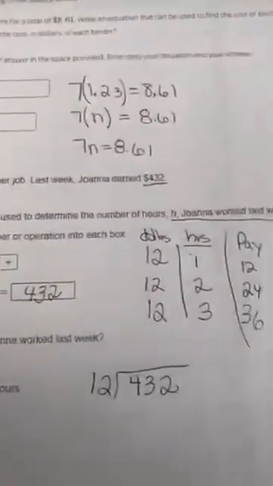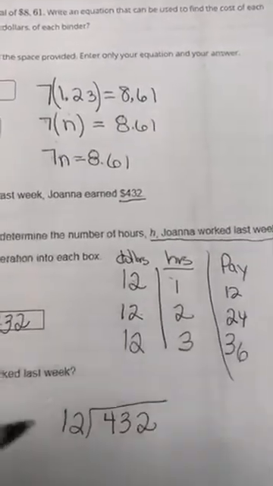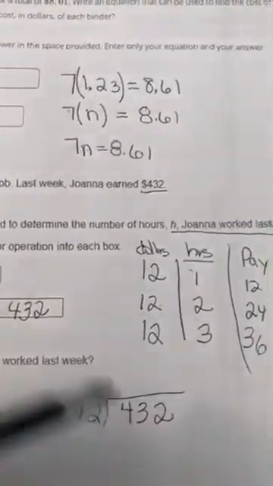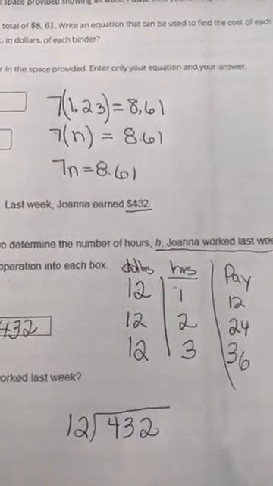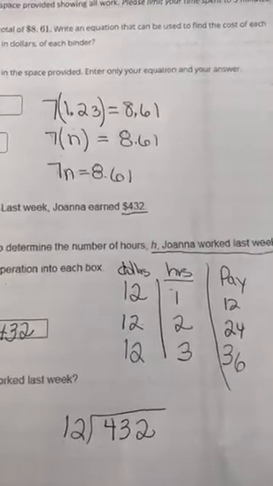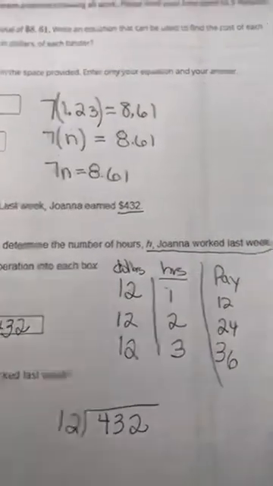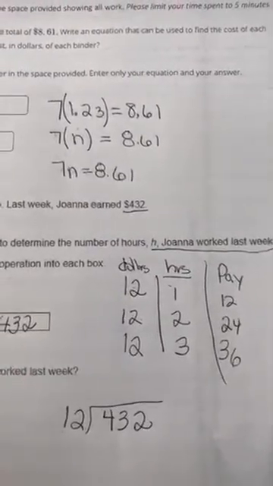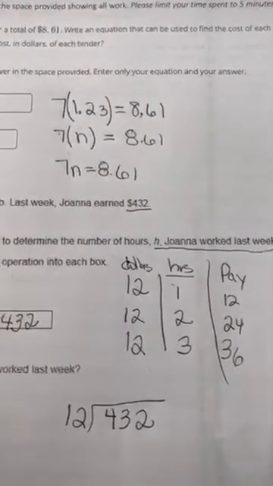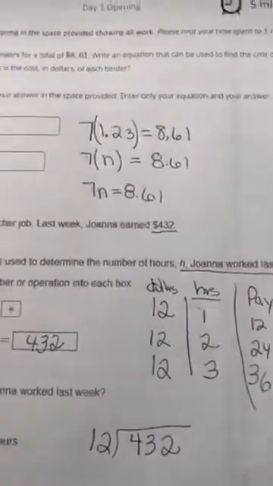All right. 432 divided by 12. No, 12 cannot go into 4. So now I have to see how many groups of 12 are there in 43.